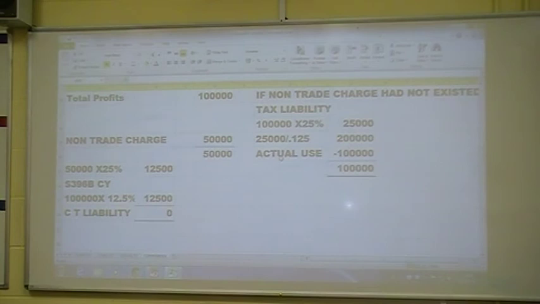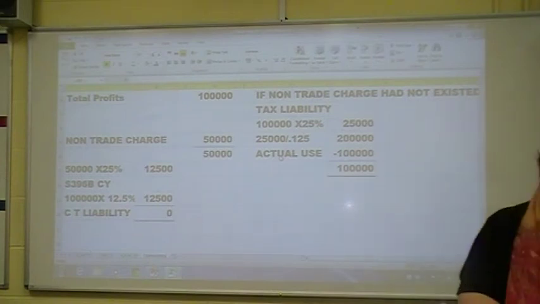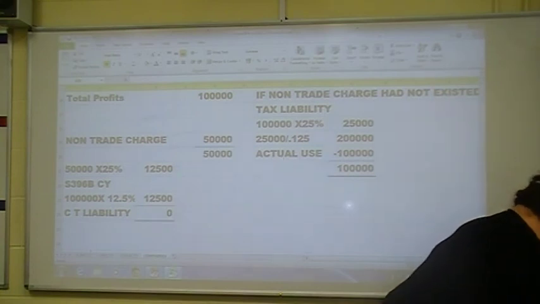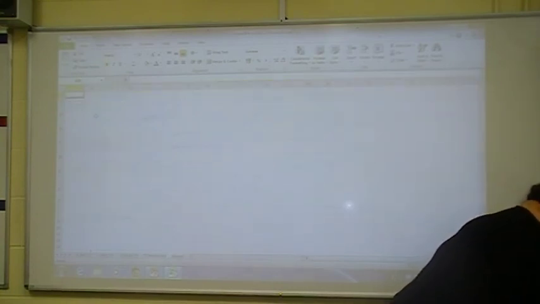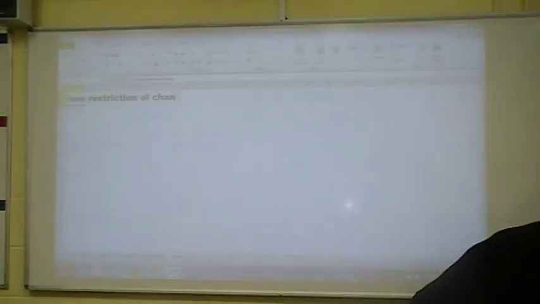So X had losses carried forward of 200,000 on the 31st of December 13, we'll say. I'll write it up here so I don't have to do it again. Okay, so this is our change of ownership. Loss restriction on change of ownership.